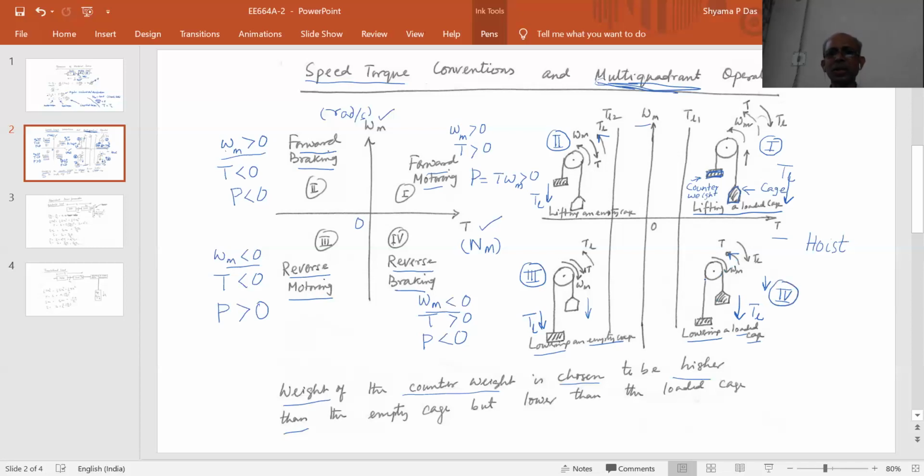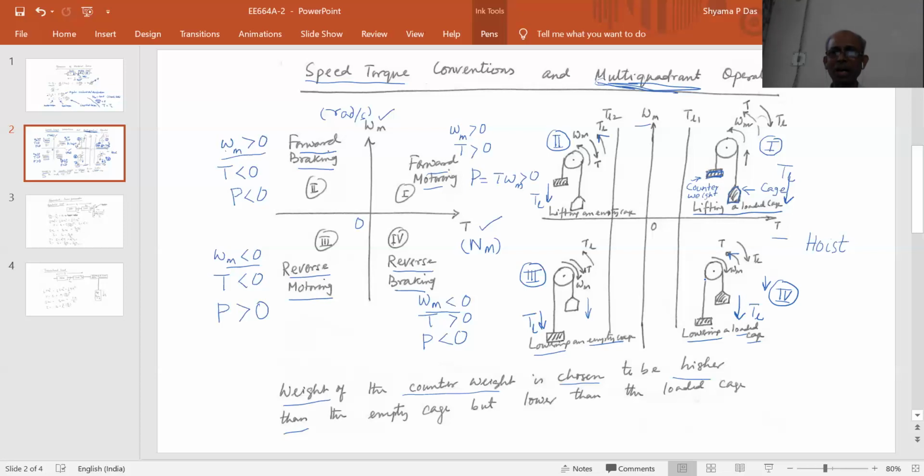So this is called the four quadrant operation of an electric drive. This is an example: the mechanism in which the lift operates. In the lift, there is always a counterweight which is hidden, which we cannot see from the outside, and the cage is the lift itself, which may be loaded or empty.